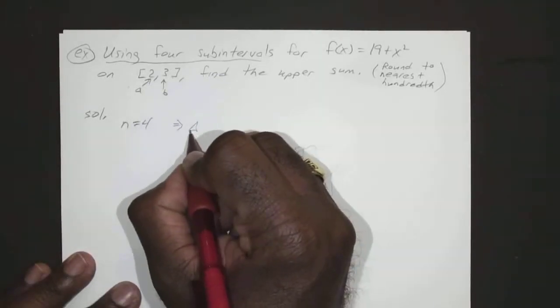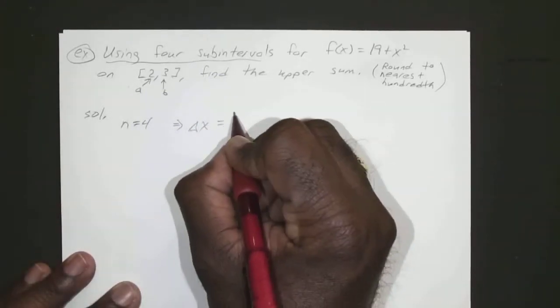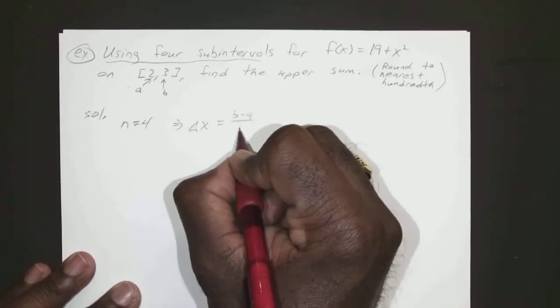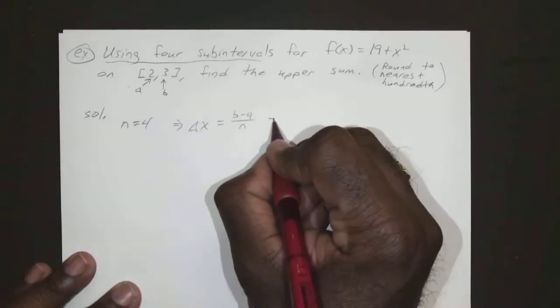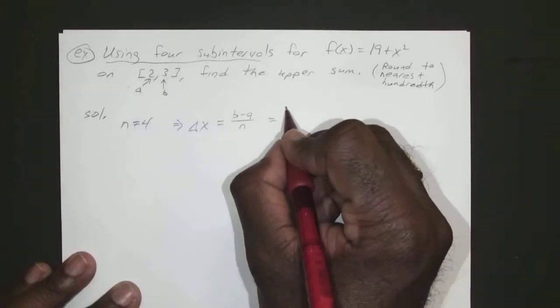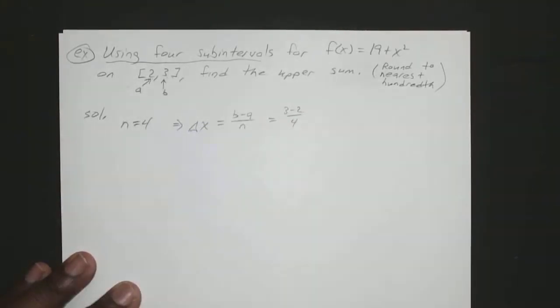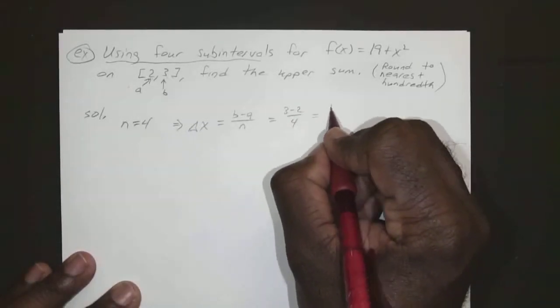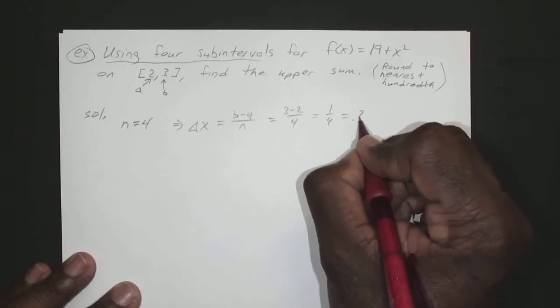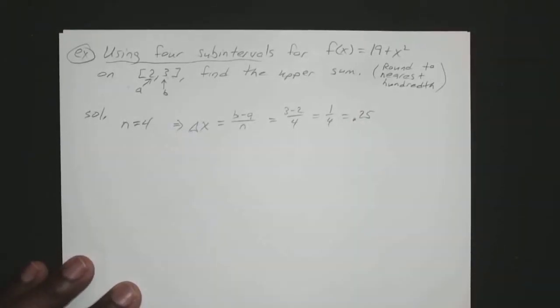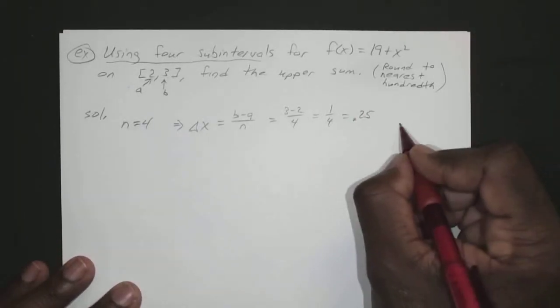So that means that delta x, which is b minus a over n, is going to equal 3 minus 2 over 4, which is 1/4 or 0.25.